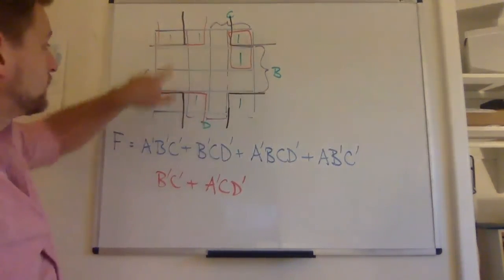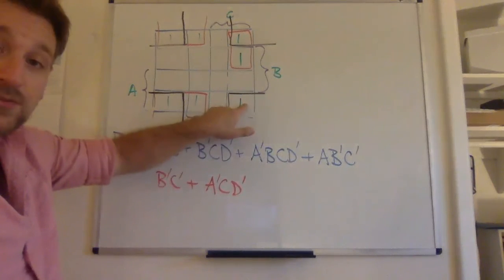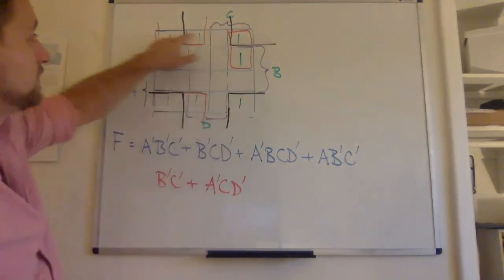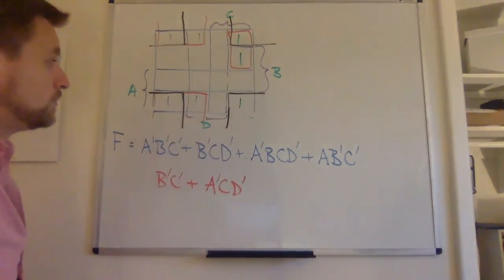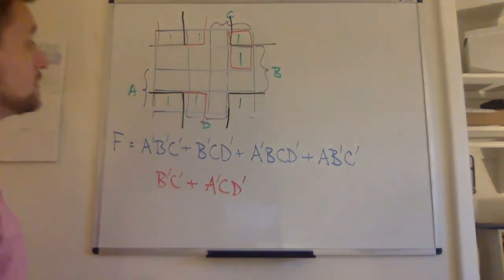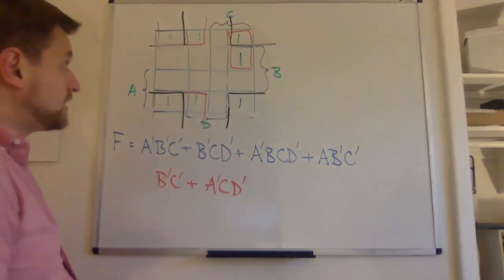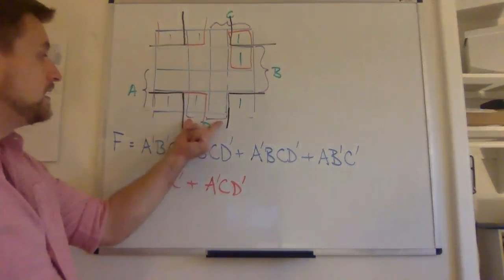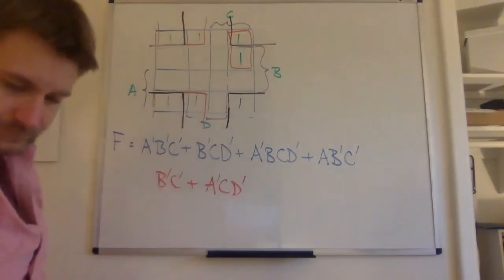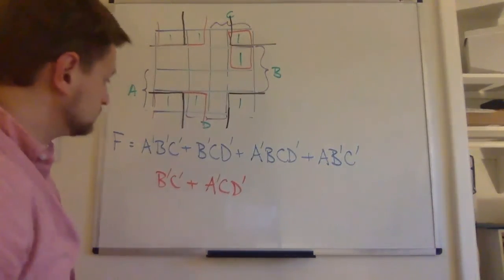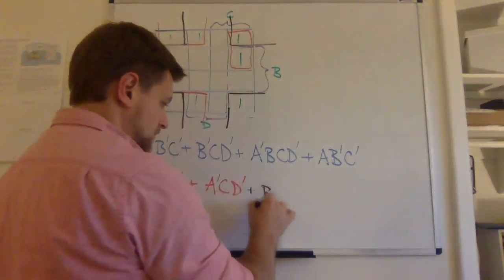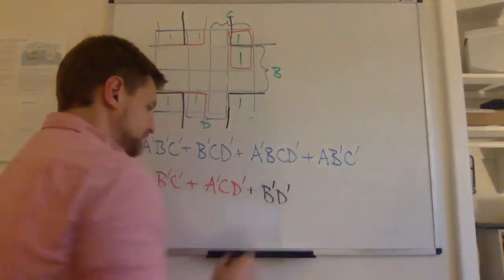That's the simplest expression that we can have that includes this one cell by itself. We've got a square that we can make with the four corners. So that's everything outside of D, and everything outside of B. Everything not B and not D.